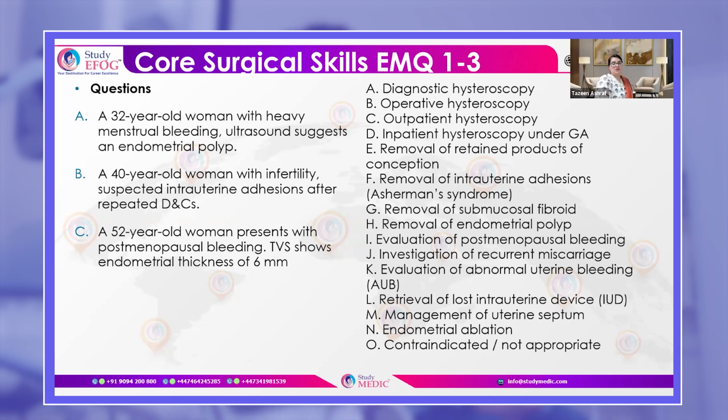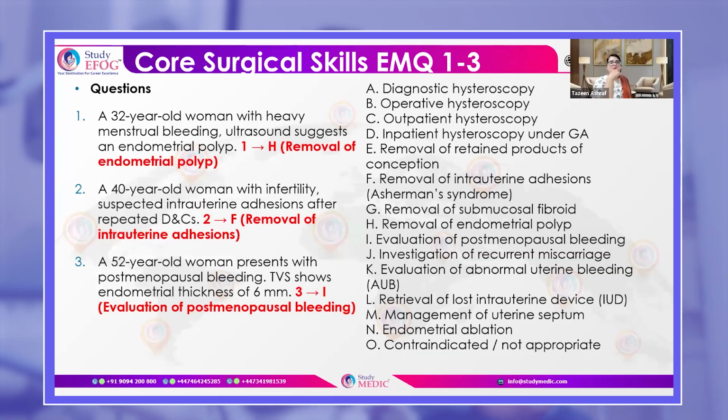And the options for these 3 questions are diagnostic hysteroscopy, operative, outpatient, inpatient under general anesthesia, removal of retained products of conception, removal of intrauterine adhesions, removal of submucosal fibroid, removal of endometrial polyp, evaluation of postmenopausal bleeding, investigations of recurrent miscarriages, evaluation of abnormal uterine bleeding, retrieval of lost intrauterine device, management of uterine septum, endometrial ablation, and contraindicated, not appropriate.